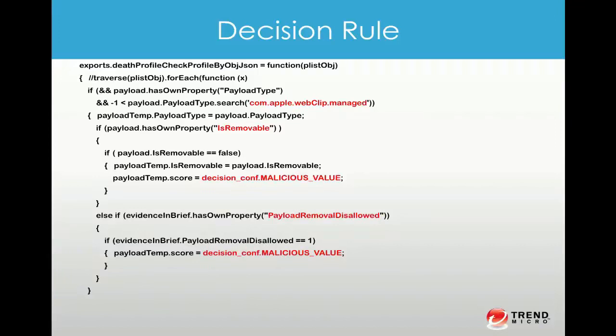For example, if the data profile configuration contains the payload com.apple.webclip.managed, and it also has the property IsRemovable with false, then we will decide this kind of web clip is potentially malicious. And rules can be correlated together, which will give you a better decision.